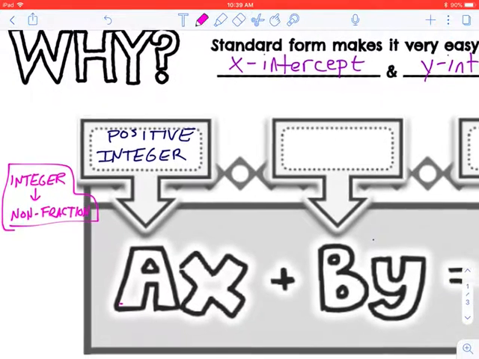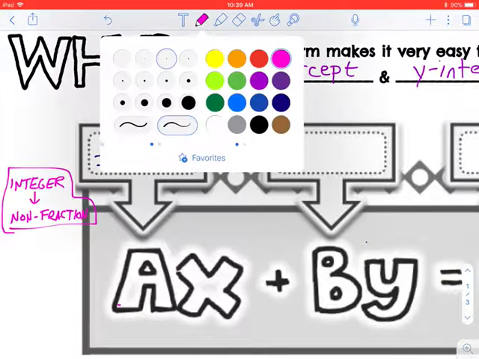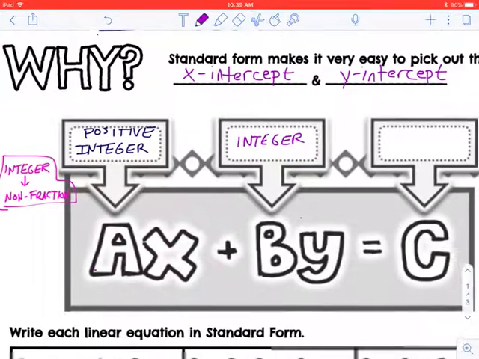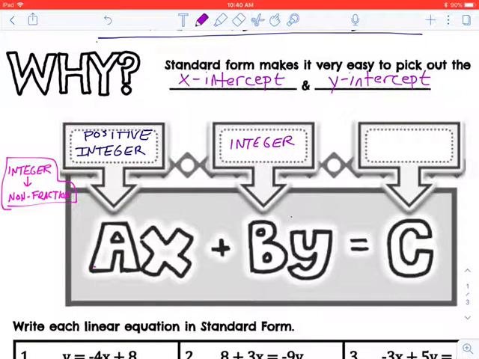All right? And then b is allowed to be negative or positive. So it could be ax minus by, but it does also have to be an integer. So non-fraction. Okay? And then same thing here. C is going to be an integer as well.